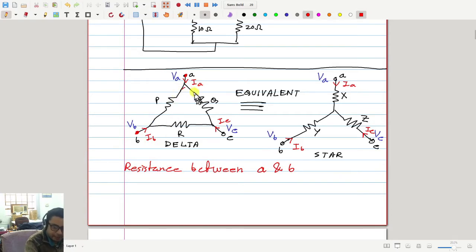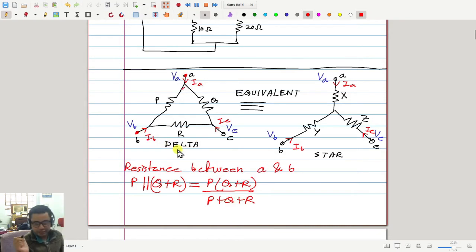That is P parallel Q plus R, and that is equal to P multiplied by Q plus R divided by P plus Q plus R. That is the resistance between A and B in the delta configuration. And if this is also equivalent, then the resistance between A and B in this star configuration should also be the same, and that value is nothing but X plus Y.